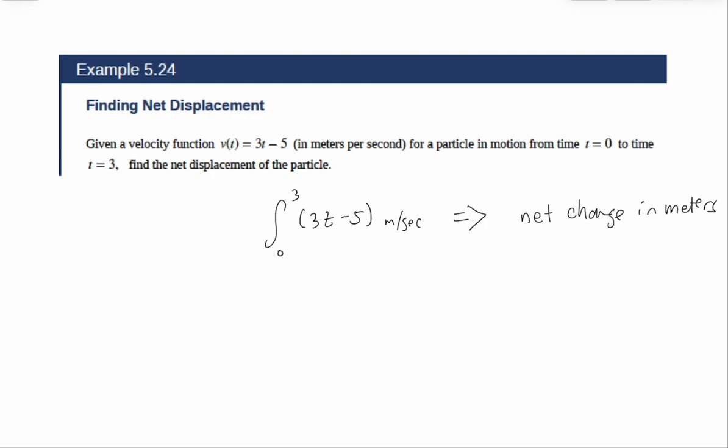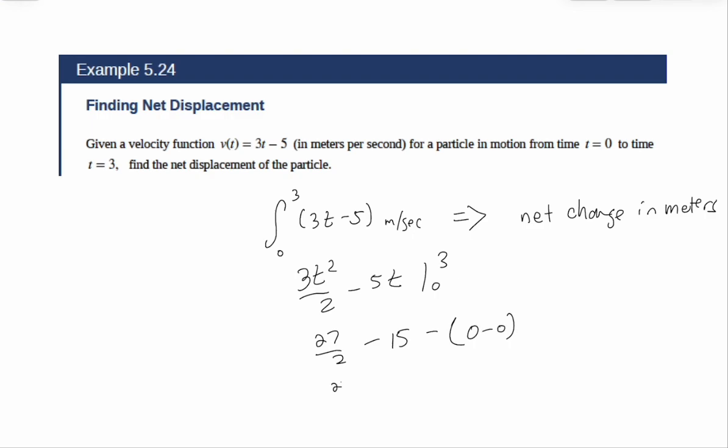So then let's go ahead and just integrate that. So that's going to become 3t squared over 2 minus 5t evaluated from 0 to 3. If I stick in 3, I get 27 halves minus 15. If I stick in 0, I get 0.